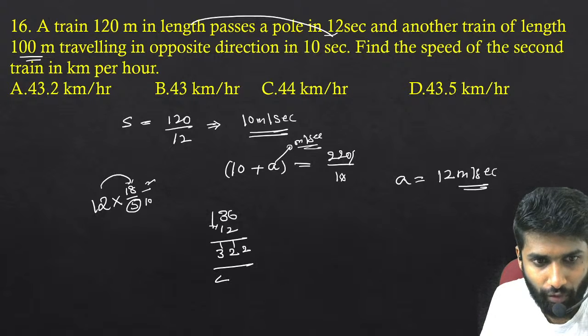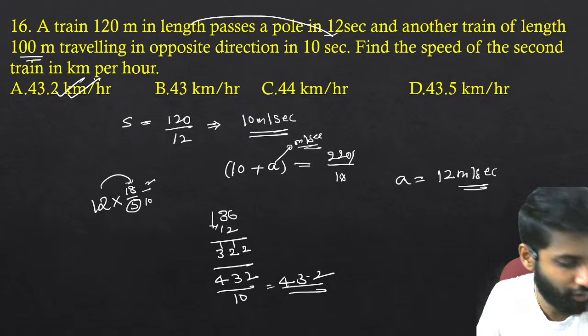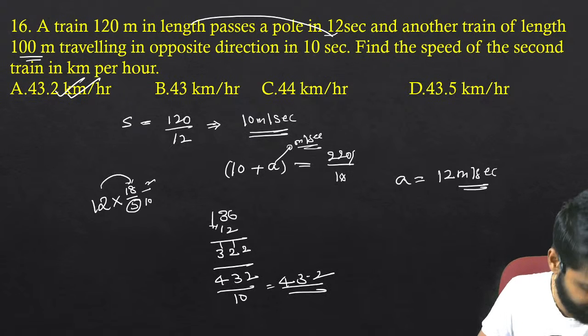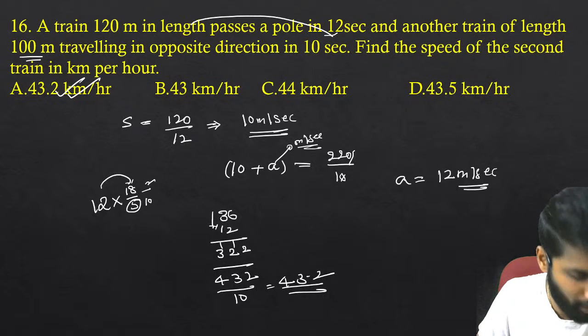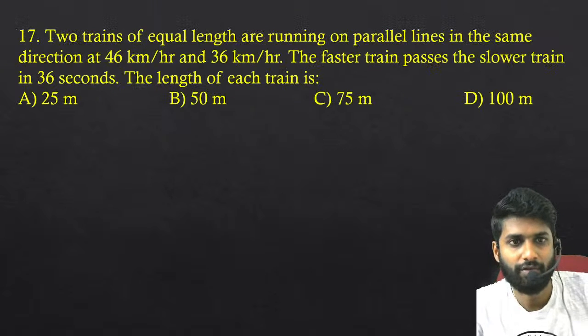Again, the value becomes 432. 432 by 10, the value becomes exactly equal to 43.2 kilometer per hour. Yes, Shubham and Logesh, very good. So answer 43.2 kilometer per hour. Next, go through the next one.